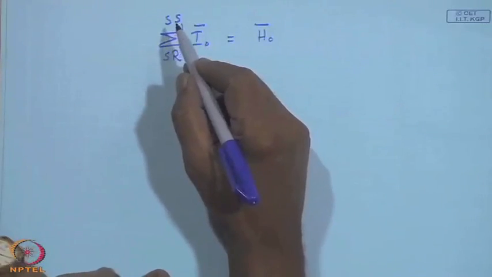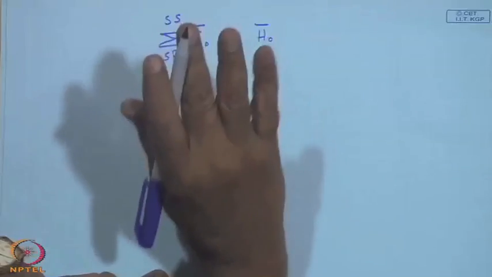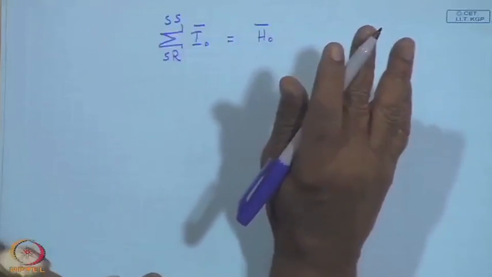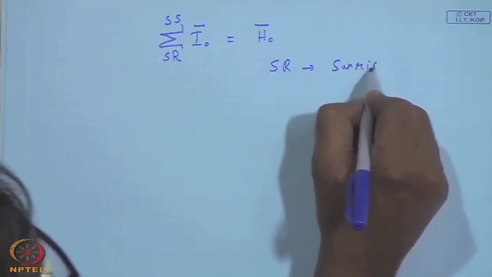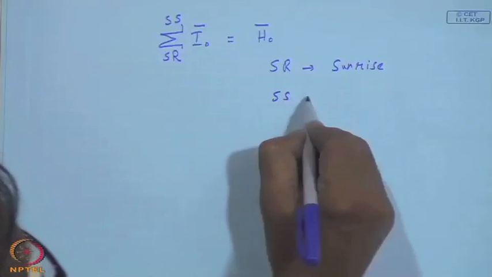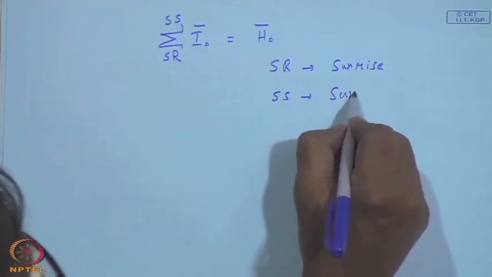So, that should comprise the average day. So, sigma I0 bar from sunrise to sunset. Though we do not know the exact expressions yet, physically Sr can mean sunrise and Ss can mean sunset.